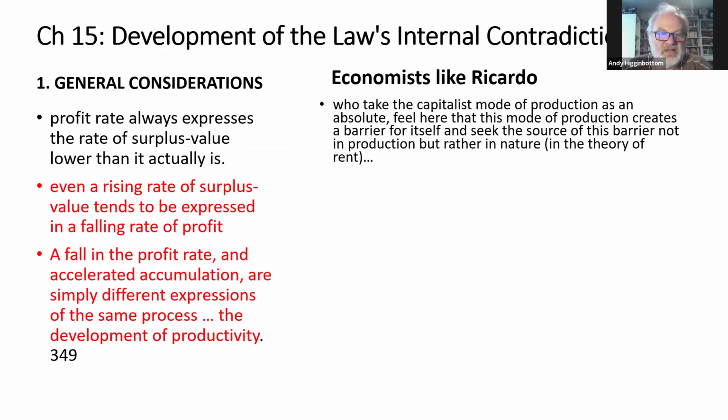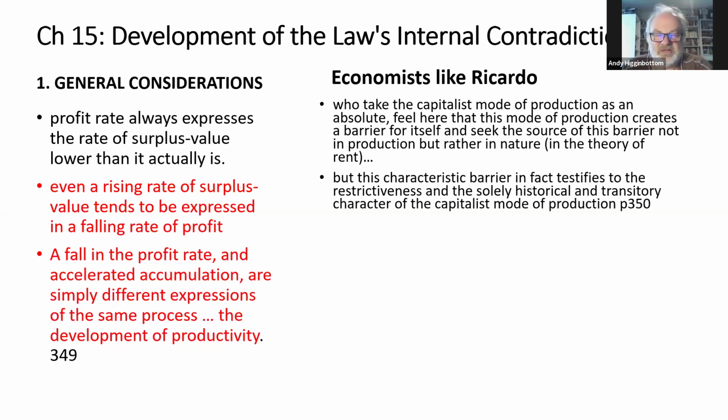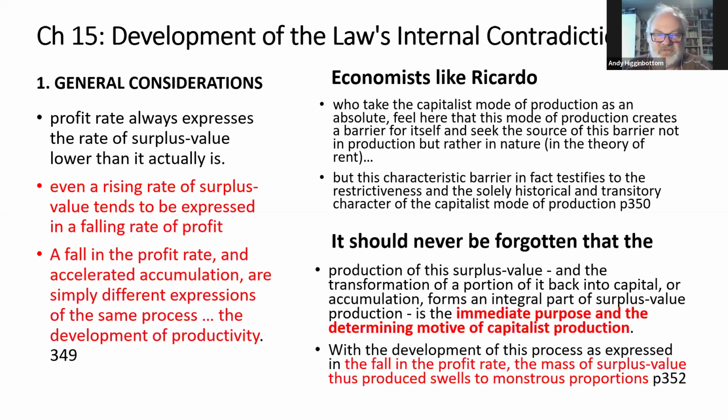Marx is trying to make clear that even though the rate of surplus value increases, it will not be enough to offset the falling rate of profit, right? And all the time he's saying these are just two expressions of the same thing, which is greater labor productivity within the capitalist mode of production.